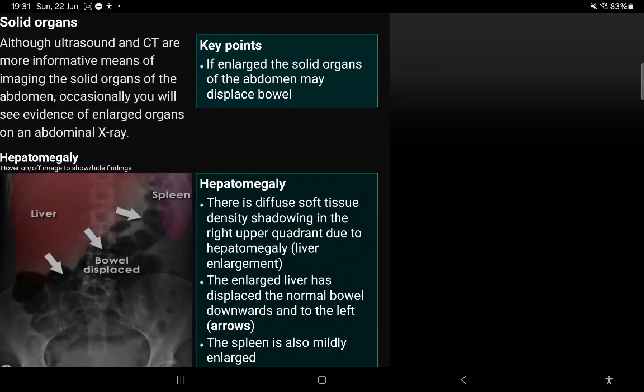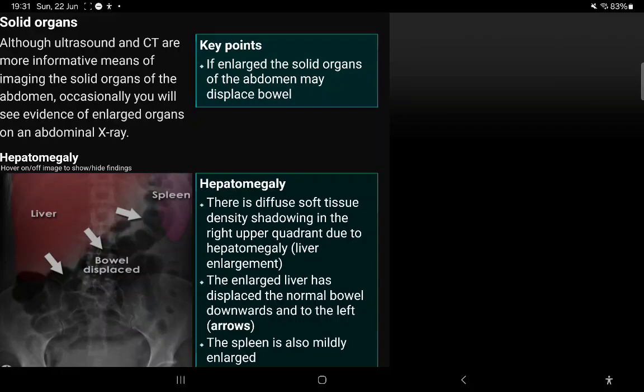Solid organs. Although ultrasound and CT are more informative means of imaging the solid organs of the abdomen, occasionally you will see evidence of enlarged organs on an abdominal X-ray. Here we have hepatosplenomegaly. There is diffuse soft tissue density shadowing in the right upper quadrant due to hepatomegaly.